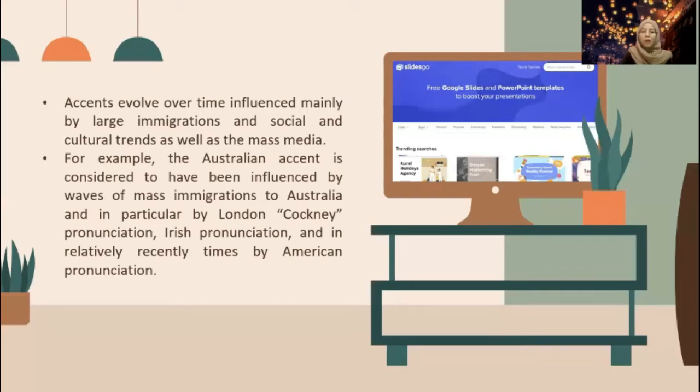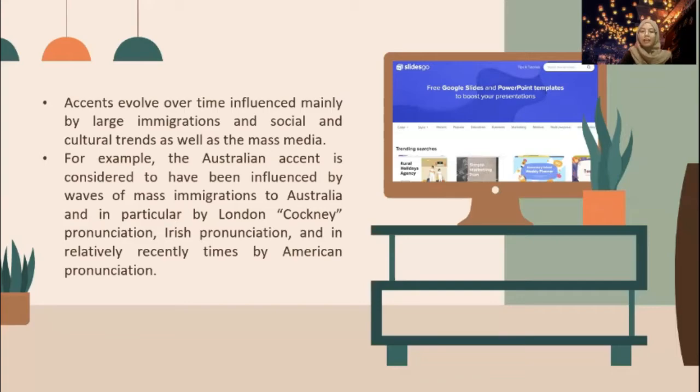Accents evolve over time, influenced mainly by large immigration and social and cultural trends as well as the mass media. For example, the Australian accent is considered to have been influenced by waves of mass immigration to Australia, and in particular by London Cockney, Irish pronunciation, and relatively recently by American pronunciation.